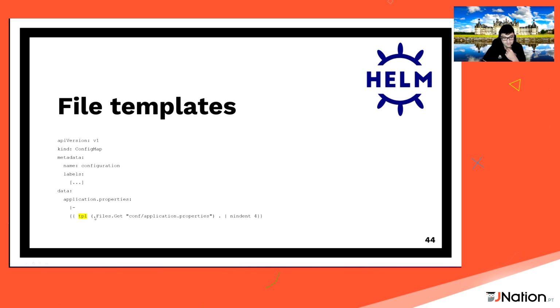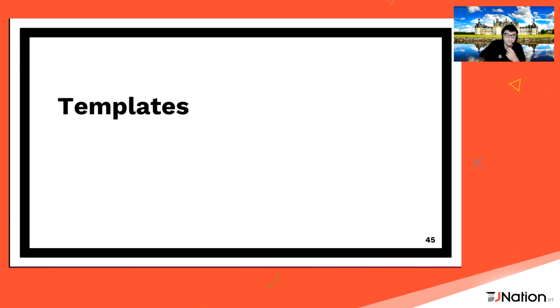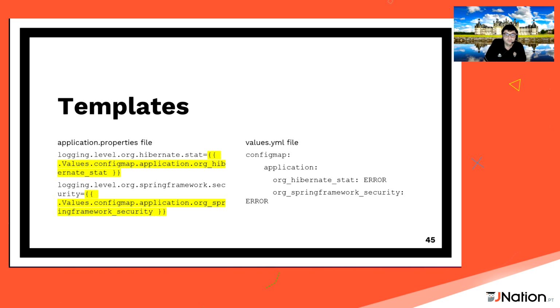You can use a template to say, okay, here's a template for my application properties. So all the values provided in the values.yaml will replace these keys. An example here, I put these value keys in the application properties. And then I put all the related configuration values in the values.yaml file.